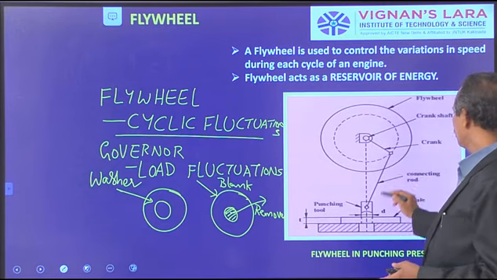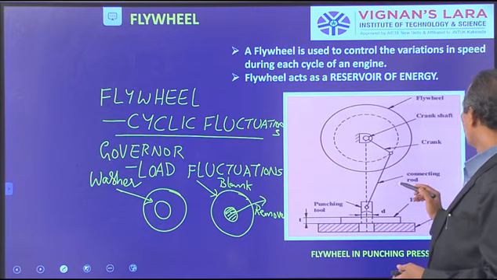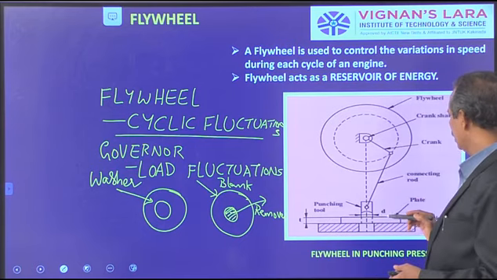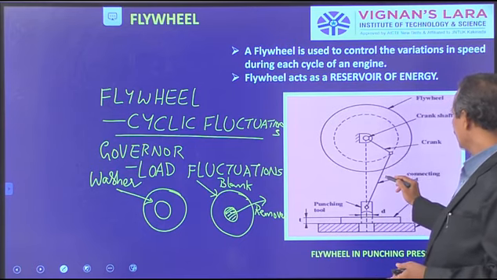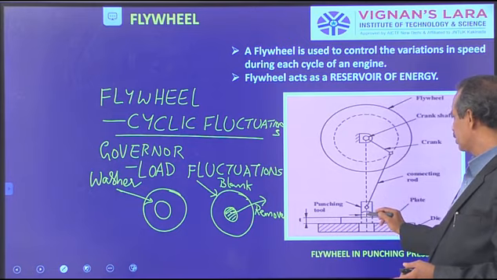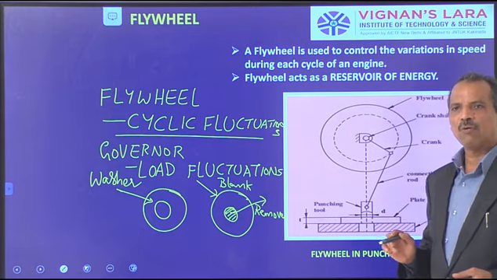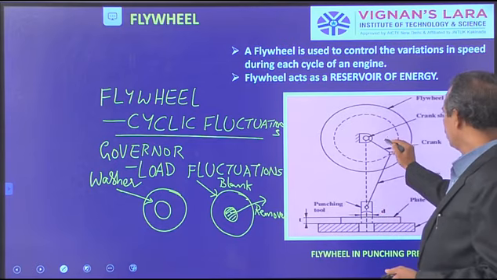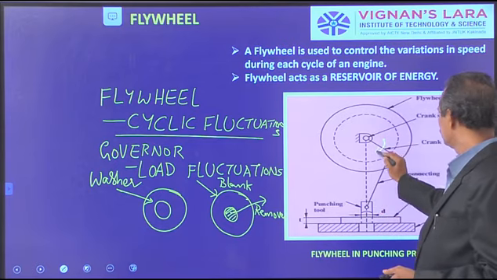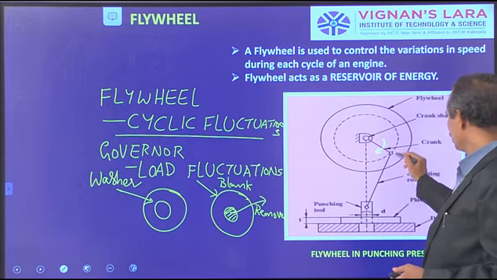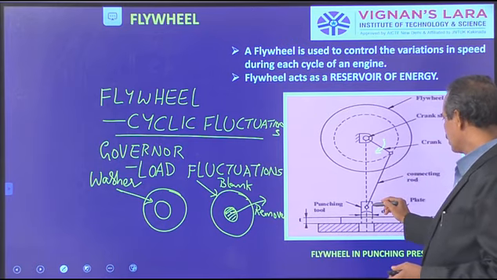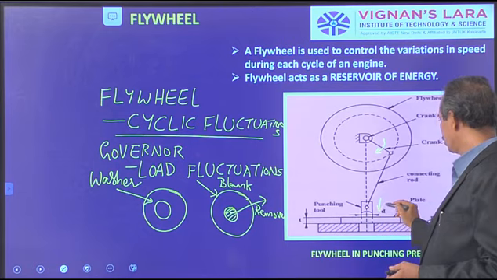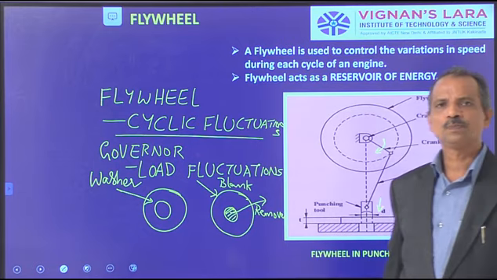Say here we have shown a mechanism like a slider crank chain mechanism. This is a crank, this is a connecting rod. In place of this piston, I have kept my punch. When it rotates, this connecting rod oscillates and the punch moves down.